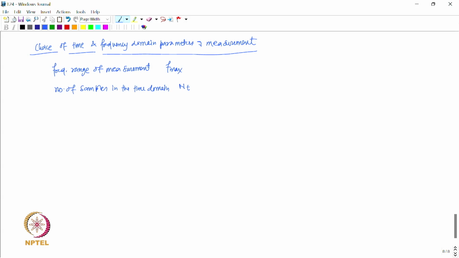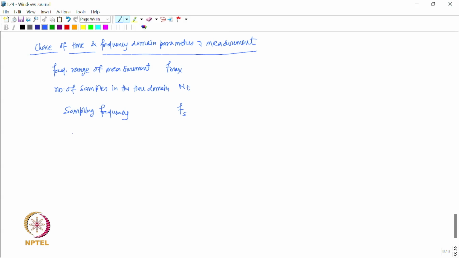Then we have the sampling frequency, which we can represent by Fs.